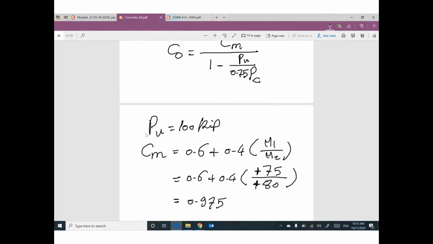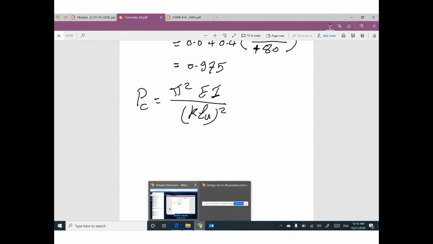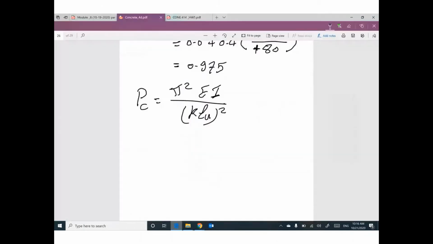P critical. Do you remember the value of P critical? Critical buckling load equals pi square EI divide by KL ultimate square. They are very simple steps, but you need to make sure you are doing everything right related to units and values.